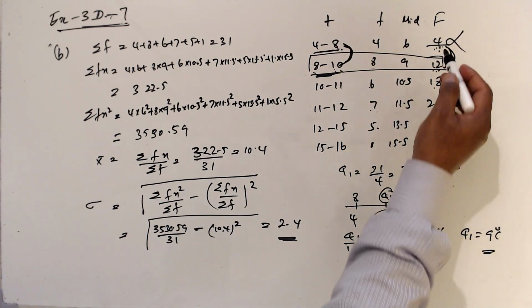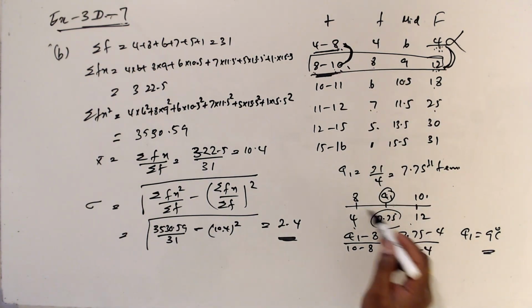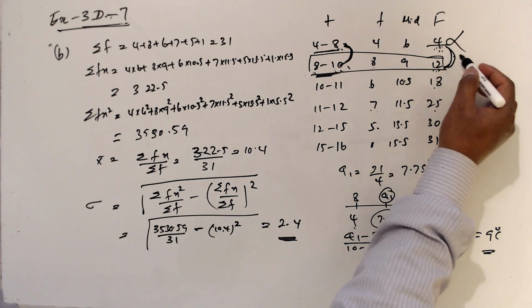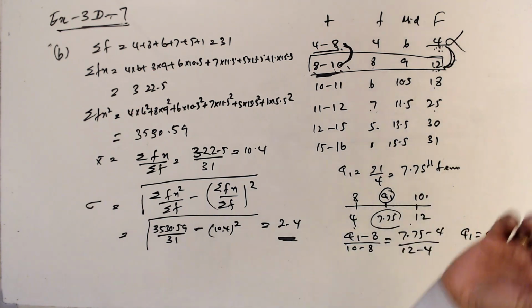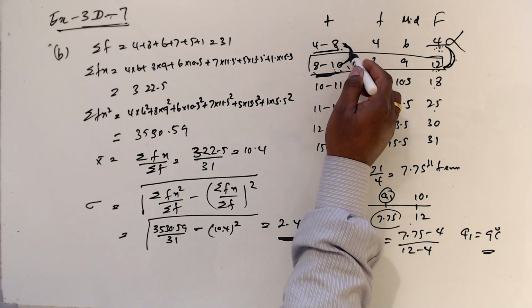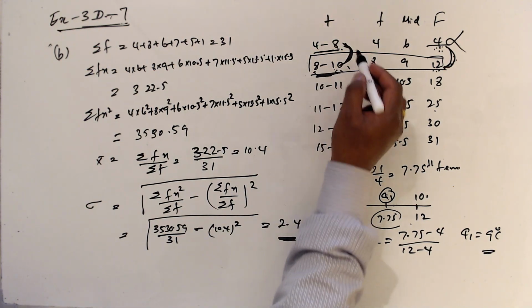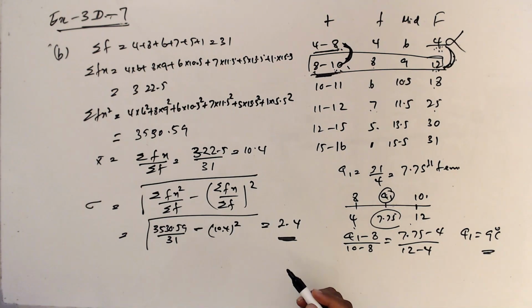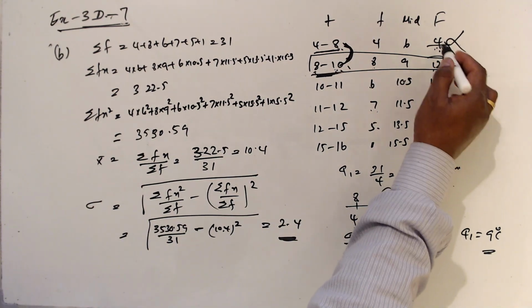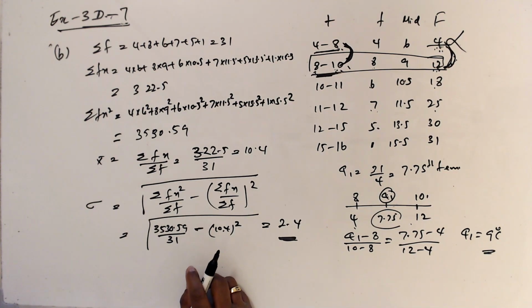That's why I always take 8 to 10 here, because then I can get the right boundaries, 4 to 12, without any mistakes.